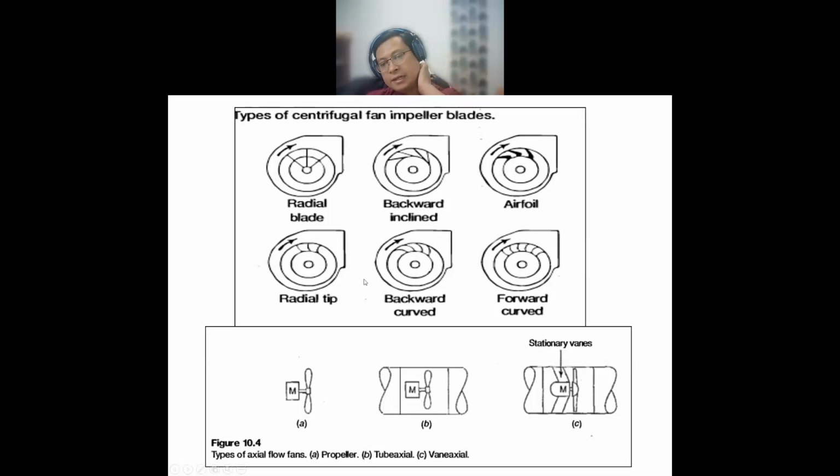That one we call the radial tip type. And then backward, this is only direction. Actually, the direction is the opposite way from the radial tip, and we call this one backward. And then forward, it depends on the direction, we call it backward or forward.